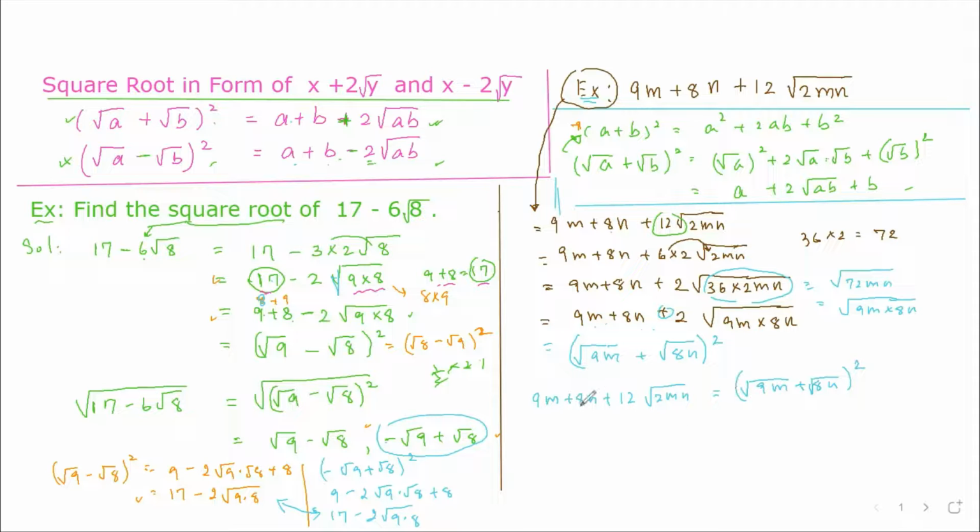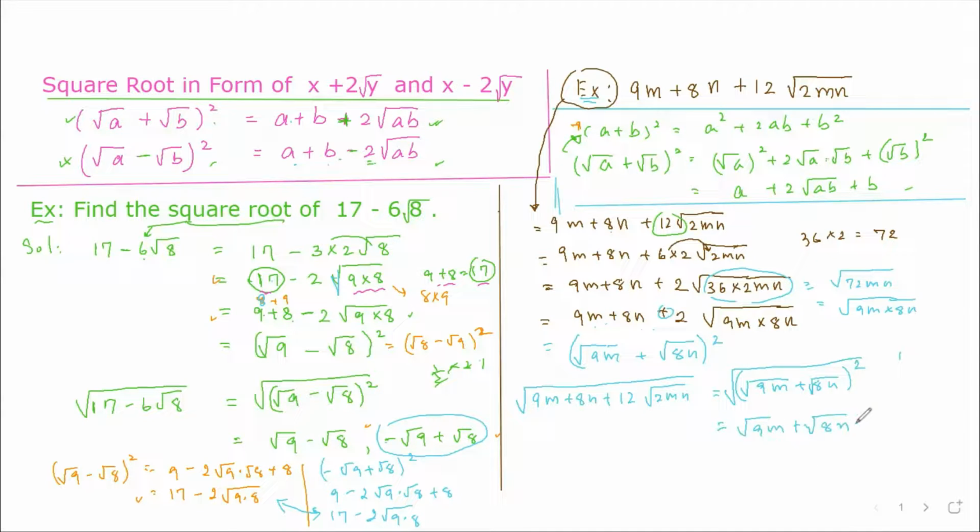After this one, right, you just take square root both sides again because they want you to find the square root of this one. So then this square root, 1 over 2 times 2, so cut, left power 1. So you left inside here only. So become square root 9m plus square root 8n. Okay.